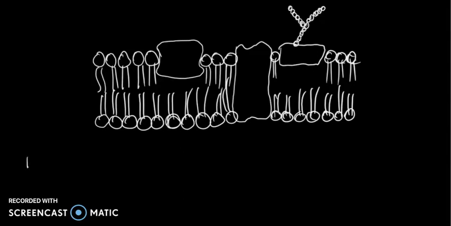So the first model we had was the Davson-Danielli model of the cell membrane, and what that described was basically the phospholipid bilayer on the inside, and around it were membrane proteins.